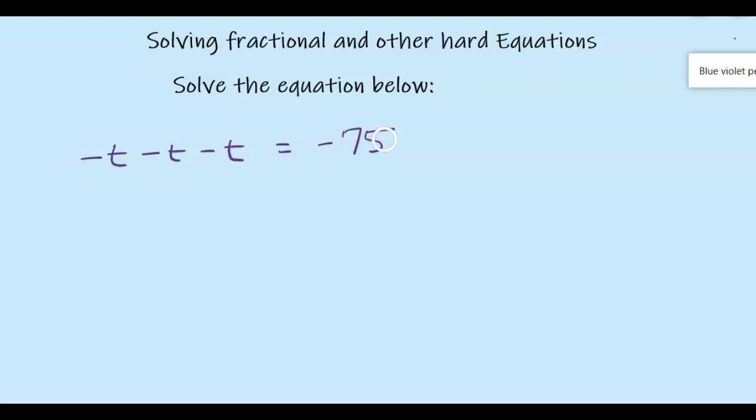We have been asked to solve for negative t minus another t minus another t equals negative 75. So we can put 1 here, 1 here, 1 here if we want. So we have negative 1t minus 1t minus another 1t, which if we put all the negatives together, is going to be negative 3t.